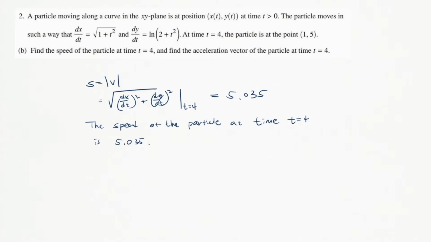The second part is asking for the acceleration vector, also evaluated at time t equals 4. The acceleration vector is the double derivative of x in respect to t, the double derivative of y in respect to t. So we can write the acceleration vector as x double prime of 4, y double prime of 4.